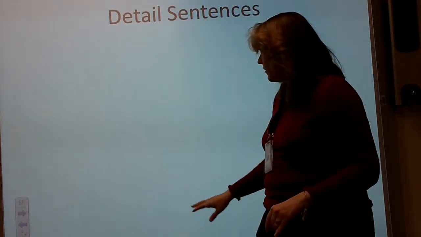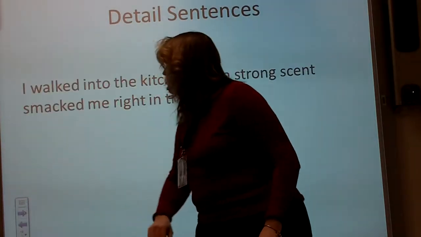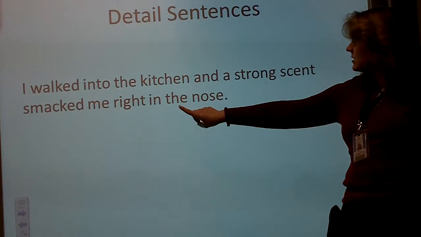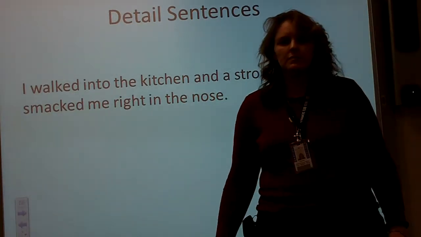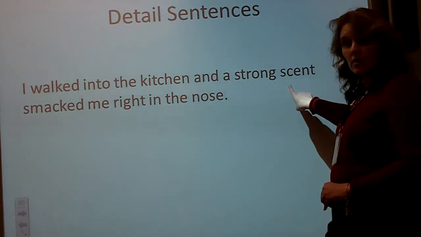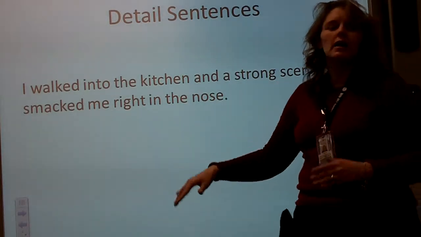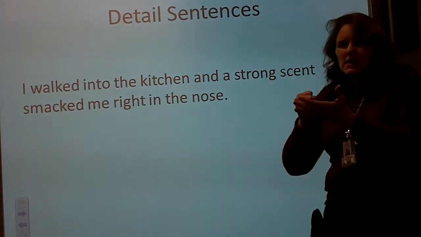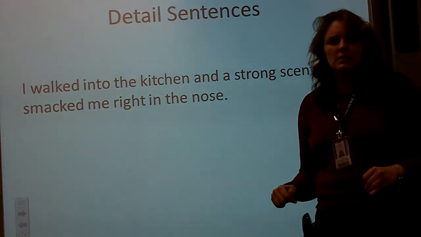Okay, so here's my first sentence. It says, I walked into the kitchen and a strong scent smacked me right in the nose. You can see my sensory detail, strong scent. Notice I only use one though. Again, we don't want to smash all of our details into one sentence.